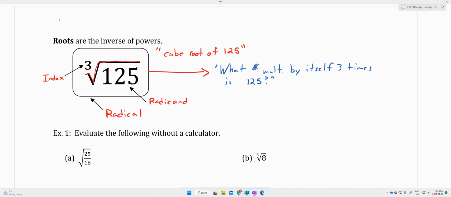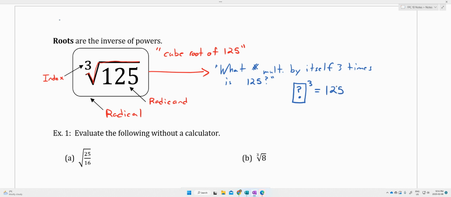That's what it's really asking here. A short form that I really like to write this is just a question mark. Okay, we'll put that in a little box. What is this number raised to the power of 3 that would result in 125?